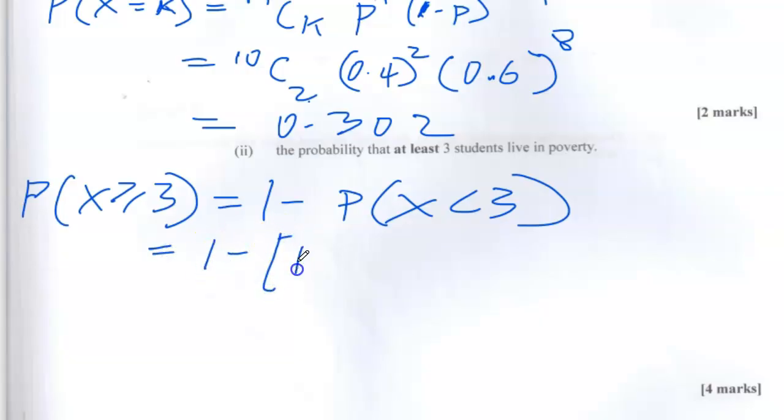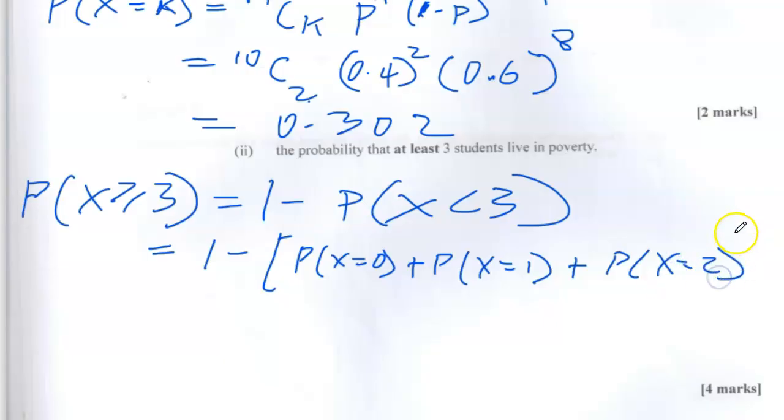What are the numbers which are less than 3? 0, 1, and 2. So for those less than 3, we should find for x equal 0, x equal 1, x equal 2. Those are the numbers below 3.